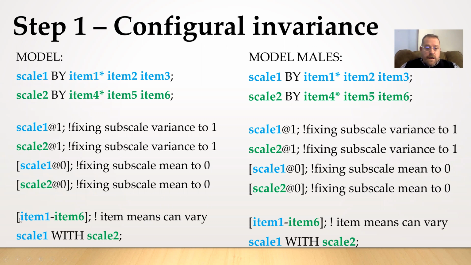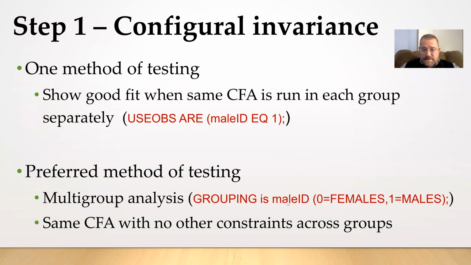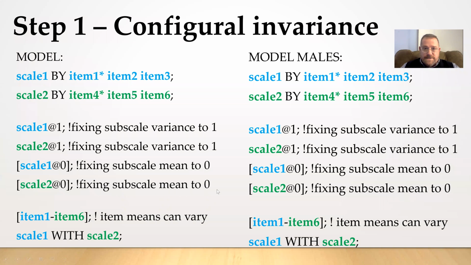Then I added in item 1 to item 6 in square brackets. That allows the item intercepts or the item means to vary. And we don't really need this last line, but it ensures that the latent variable of scale 1 is allowed to correlate with the latent variable of scale 2. Now, I built this model having told it this is a multi-group analysis.